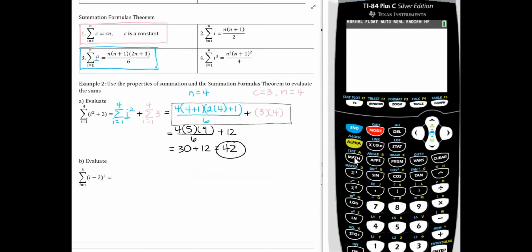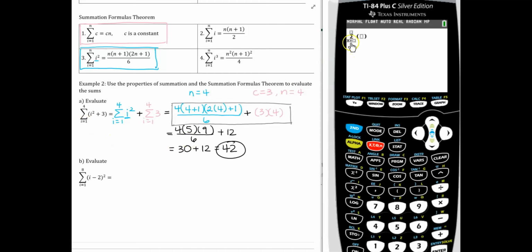On my calculator, I'm going to hit math, and then you could go either up or down, but it's faster if you go up. I'm going to go up till I get to summation, where I see this sigma, and I'm going to hit enter on that. You can see it gives us this blank sigma notation, where now all I need to do is fill this out. I need to put something for my index. I'm going to put X. It doesn't have to match, it doesn't have to be the i.